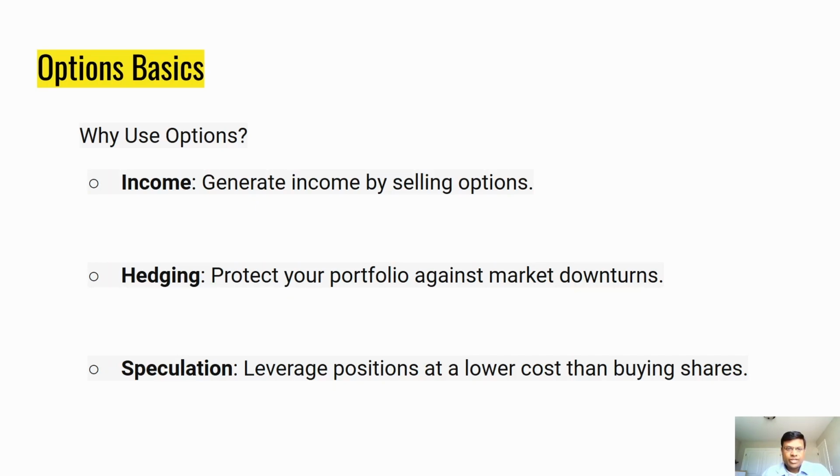It's also used for hedging, where you can use it for protecting your portfolio against market downturns, and you can use it purely as a speculation. Leverage your positions at a lower cost than buying actual physical shares. You can speculate and then buy and sell option contracts.